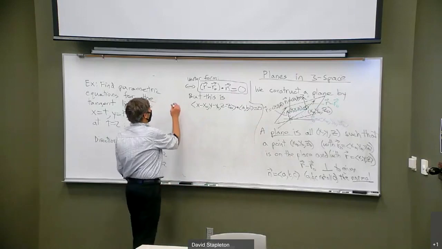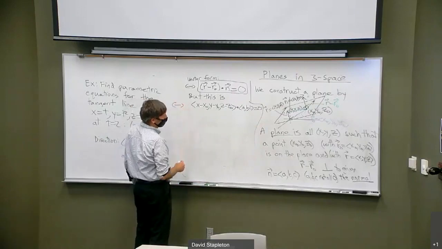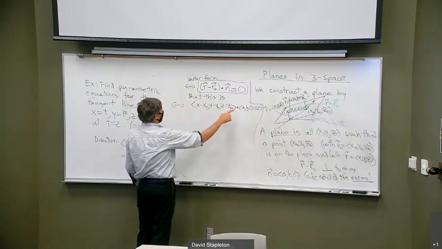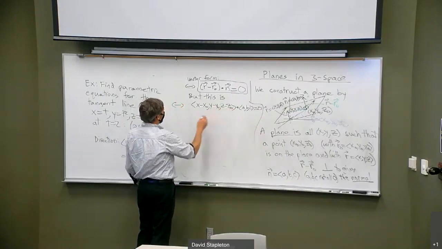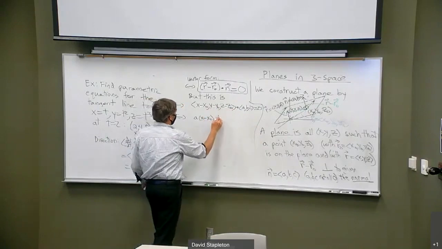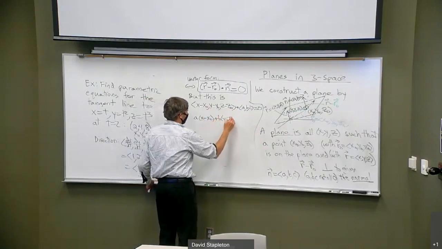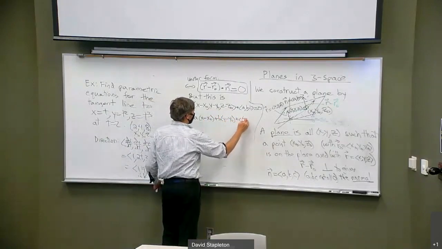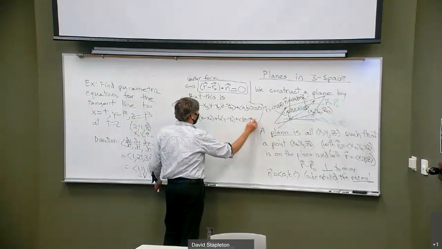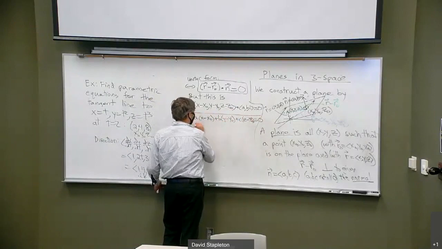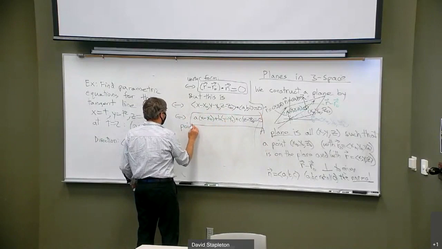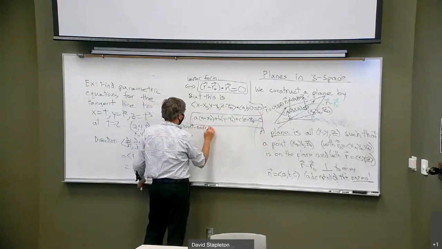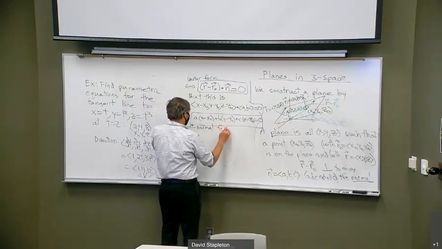Well, by definition of the dot product, this is A times (x minus x0) plus B times (y minus y0) plus C times (z minus z0) equals 0. That one we will call point normal form for the equation of the plane.